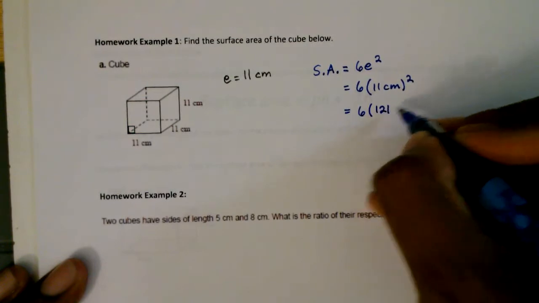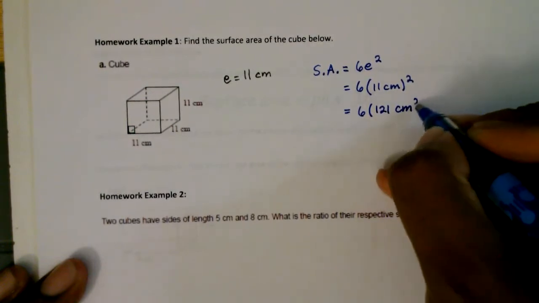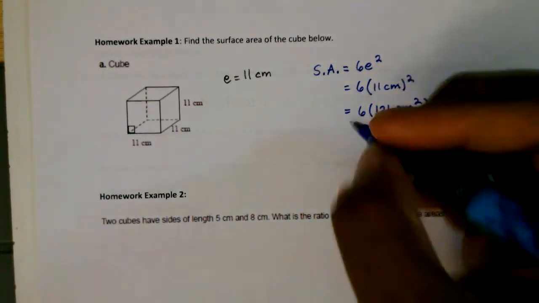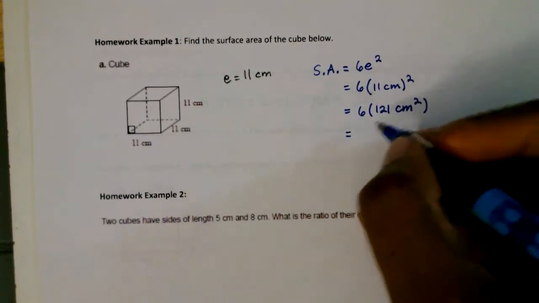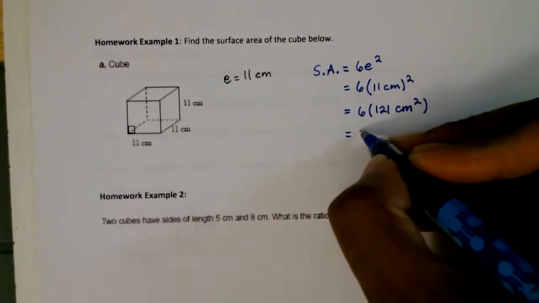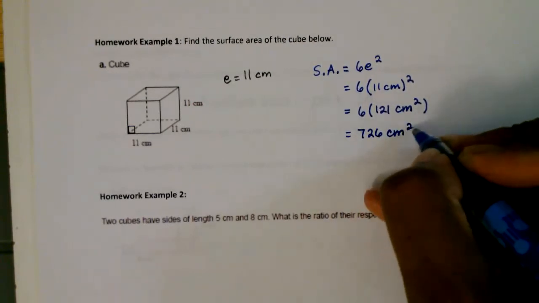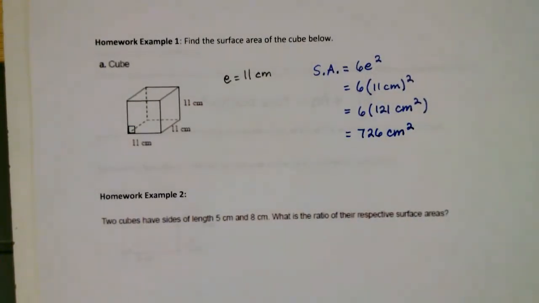That's 121, and this will be centimeters squared. Keep in mind, area is always going to be in some form of a square unit, like square centimeters, square yards, square inches, square feet. And then 6 times the 121 will end up being 726. And this is in square centimeters. So the surface area of that cube would be 726 square centimeters.